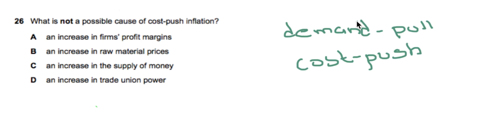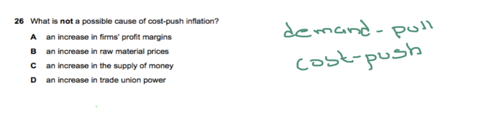Now let's look at these options and see which option tells us that there is an increase in cost push inflation. Option number A, an increase in firms' profit margins.